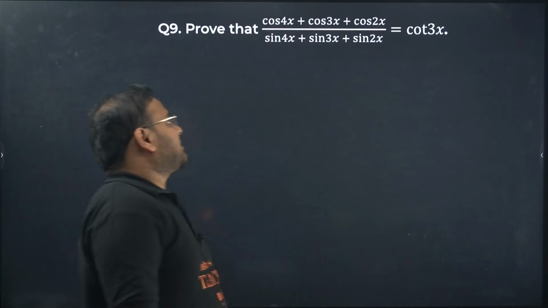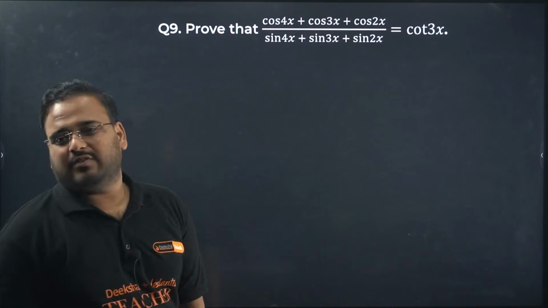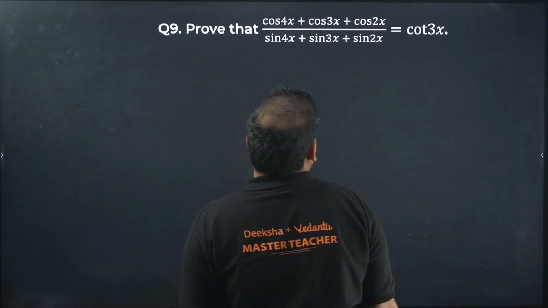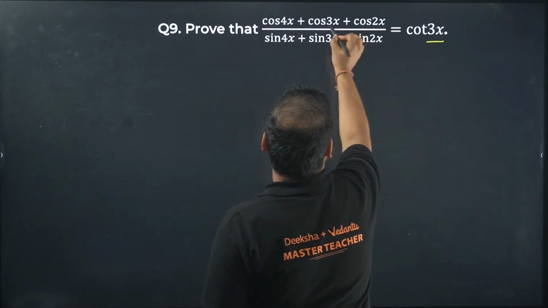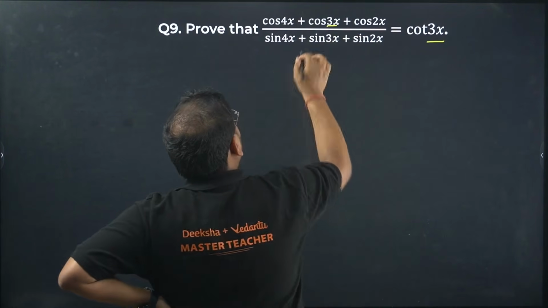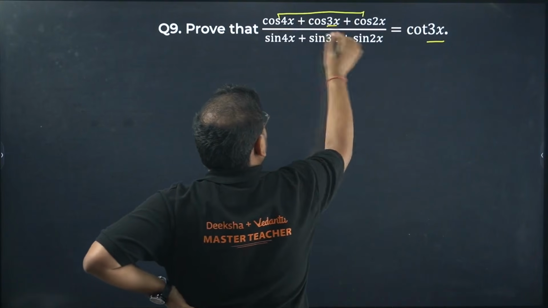Prove that (cos 4x + cos 3x + cos 2x) / (sin 4x + sin 3x + sin 2x) is cot 3x. Will solve, no problem. You can see we have 3x over here and we also have cot 3x. We'll keep that. So use these two, cos a plus cos b.